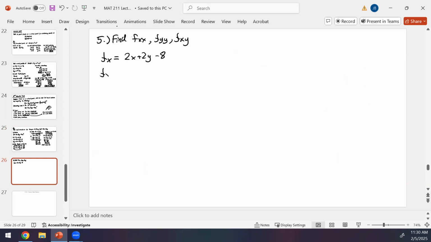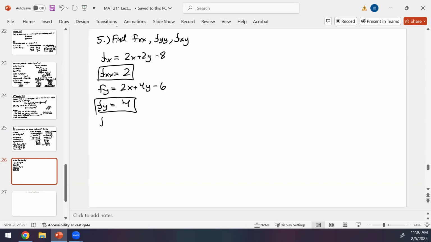And so fxx, you just do the partial derivative again with respect to x. And sometimes you will just get numbers, right? In this case, we just get 2, 0, 0. Okay, so there it is. And then if we do fy, which was equal to 2x plus 4y minus 6, fyy is also equal to 4. And we just get a number, 4.